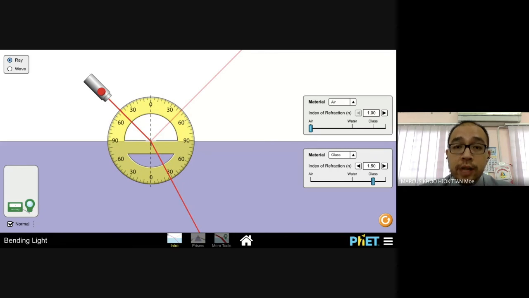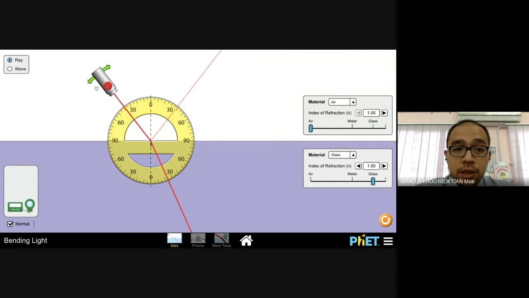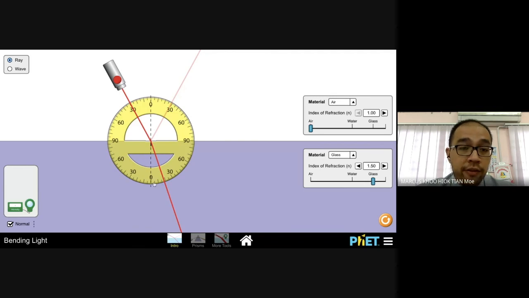And then you take a look at the table inside your activity book. It starts with I equals 30, right? So remember, this is the I. You move this position to 30 degrees, and then you read the angle of refraction over here. It's pretty easy, but make sure that this is air and glass.